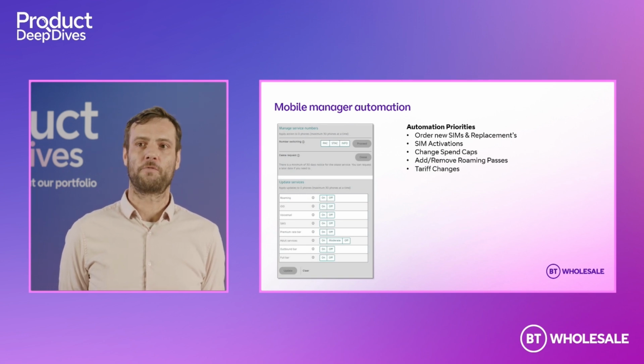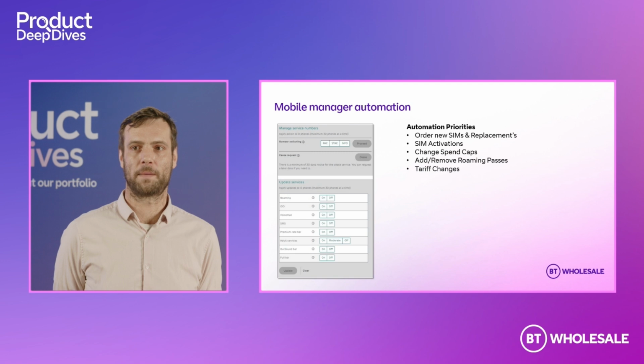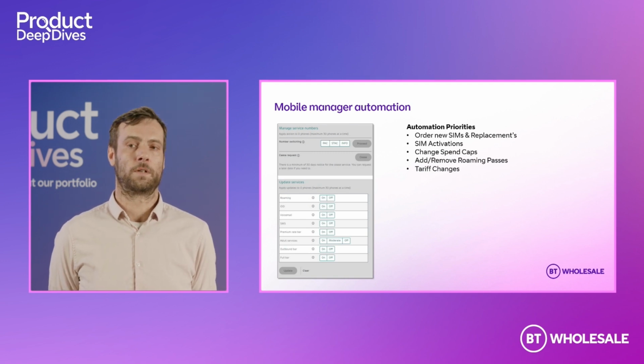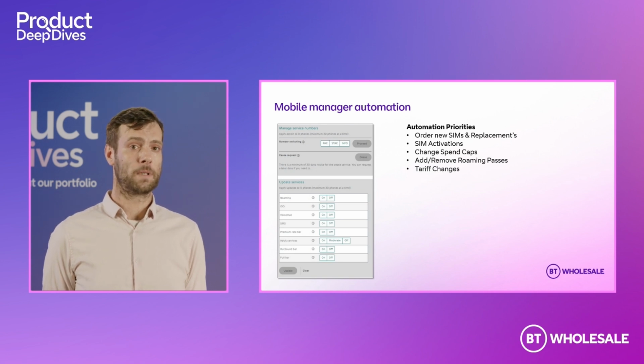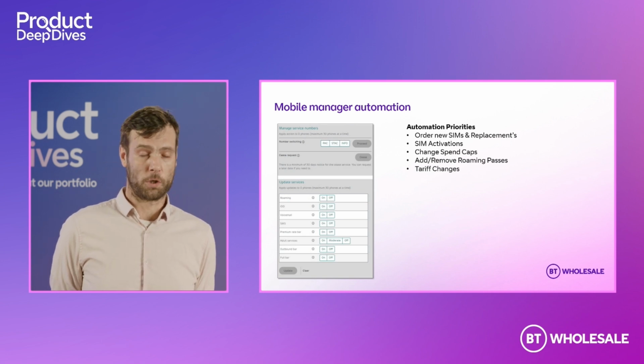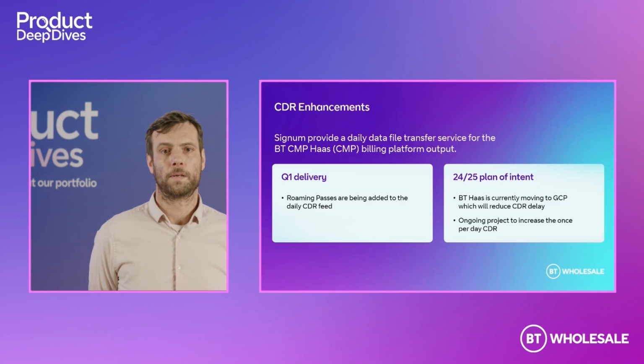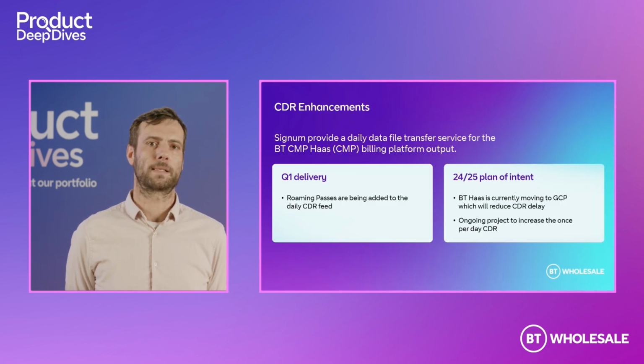Those 5 things on the right-hand side, ordering stock of SIMs, SIM activation, changing the spend caps, roaming passes adding and removal, and changing tariff will be added this coming financial year. When we first started, we didn't have roaming passes.